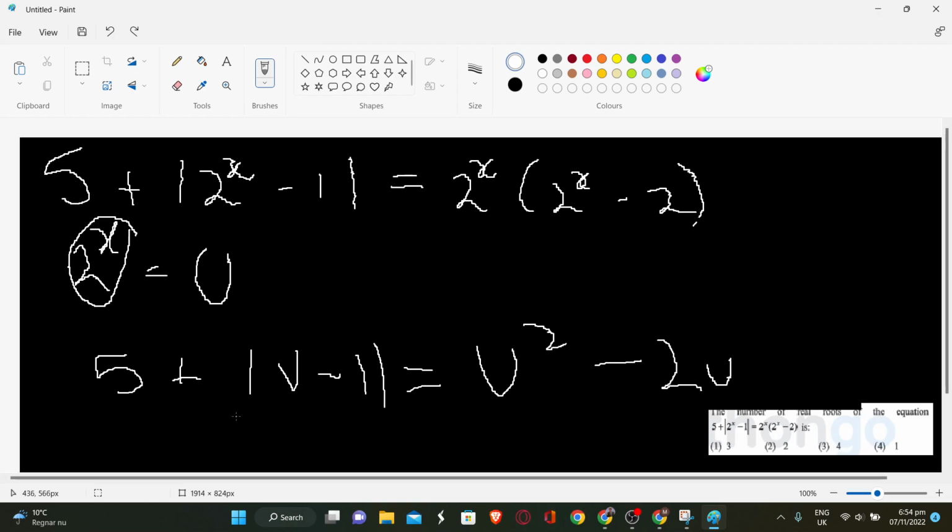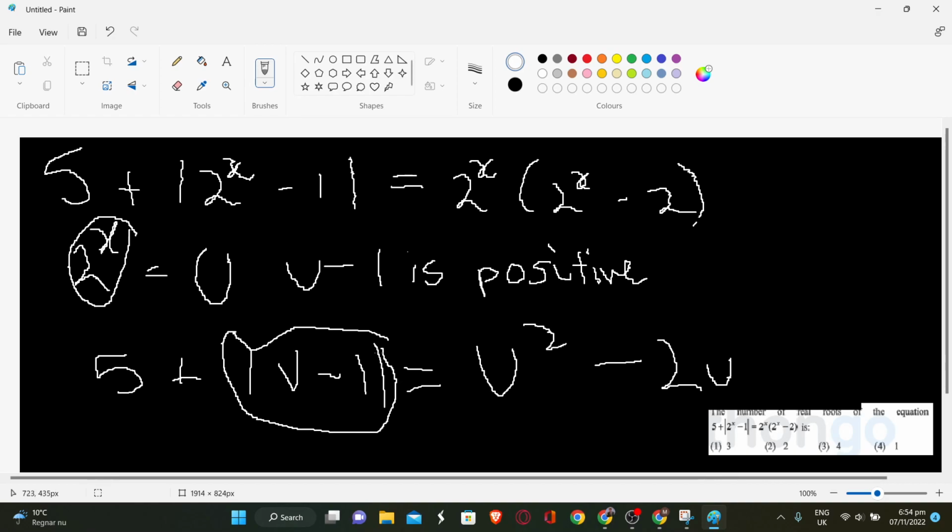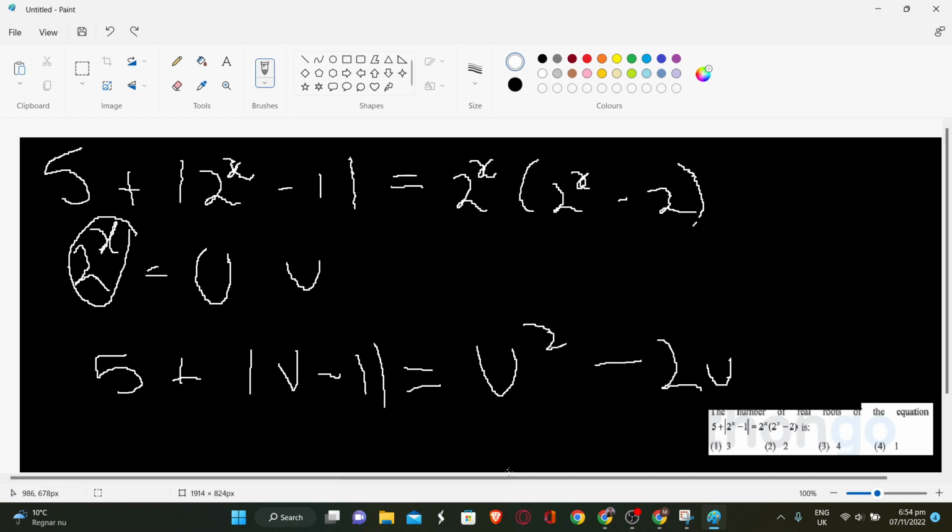So first, we're going to say that u minus 1 is positive. I'm not saying it's positive, I'm just saying we are going to have two quadratic equations, one for which this value in here, u minus 1, is negative, and one for where u minus 1 is positive. We first start with u minus 1 being positive, which essentially means that we make no changes.